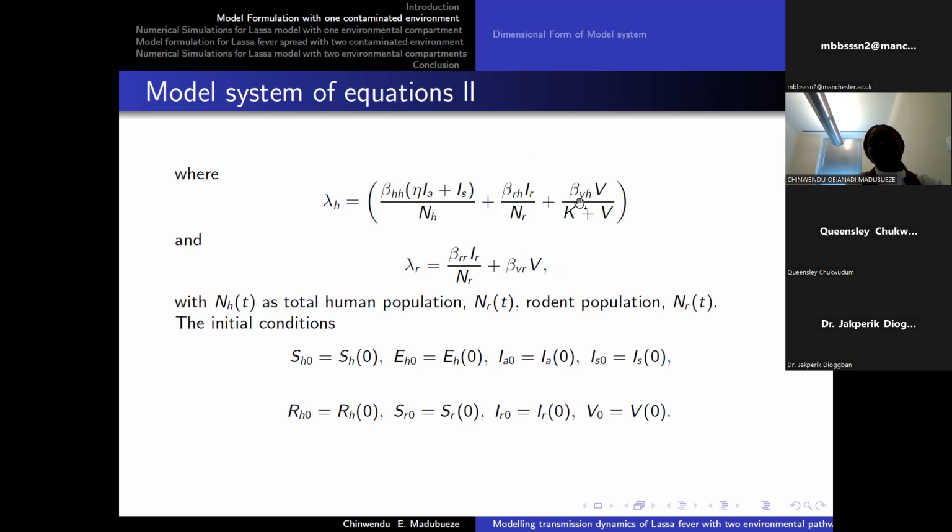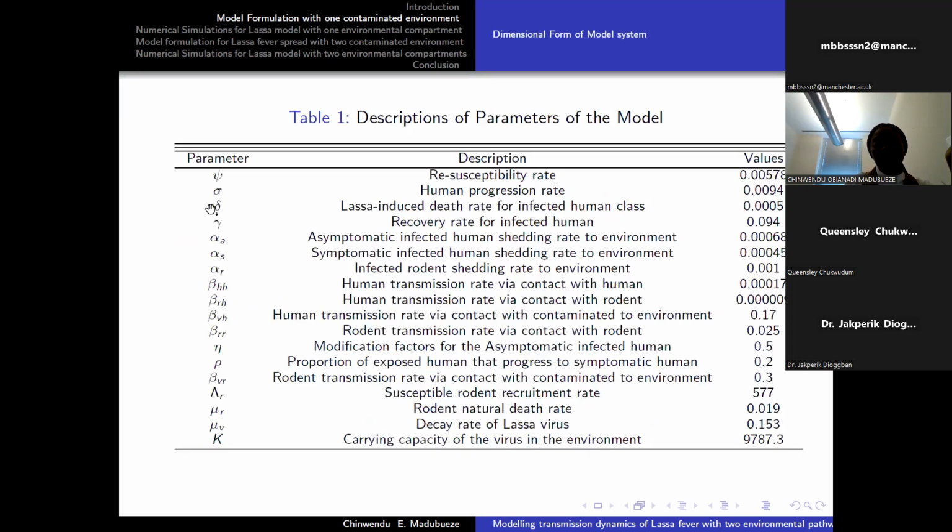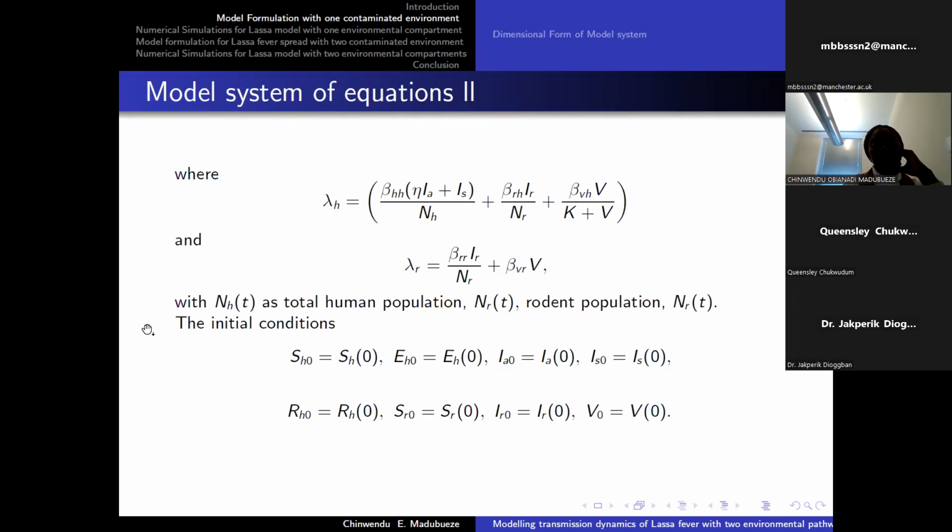There is also virus to human transmission by coming in contact with the environment. The same thing goes for the force of infection for the rats. We have rats, which can be infected by other rats, and then we have the environment too. So these are our initial conditions.